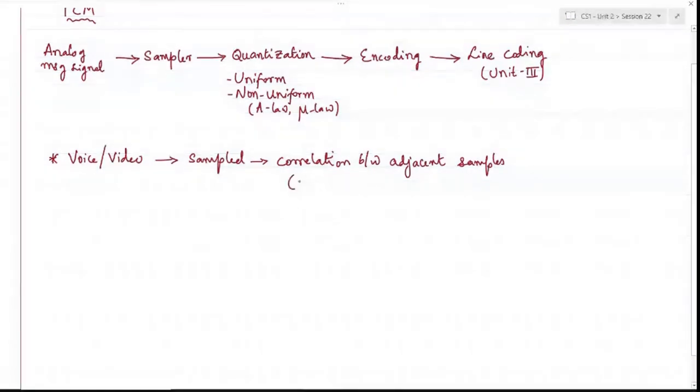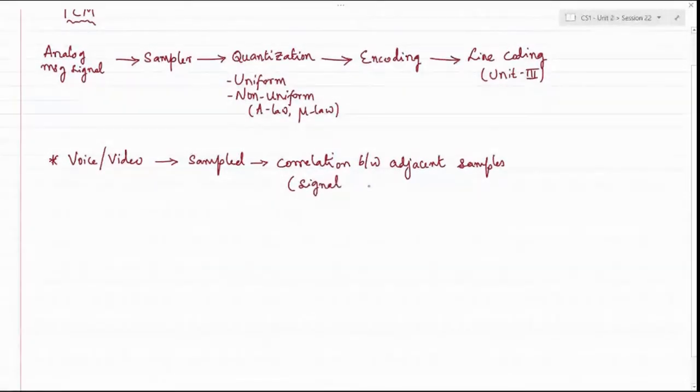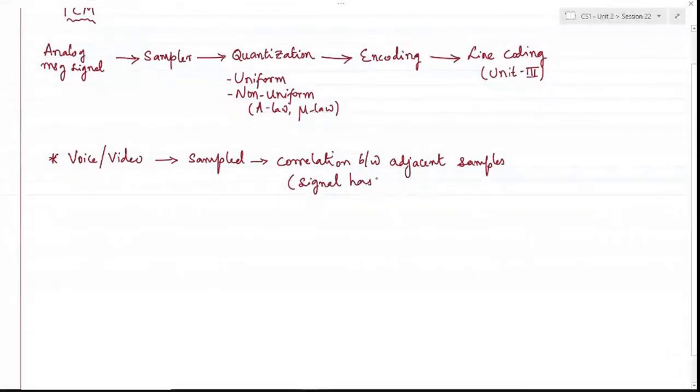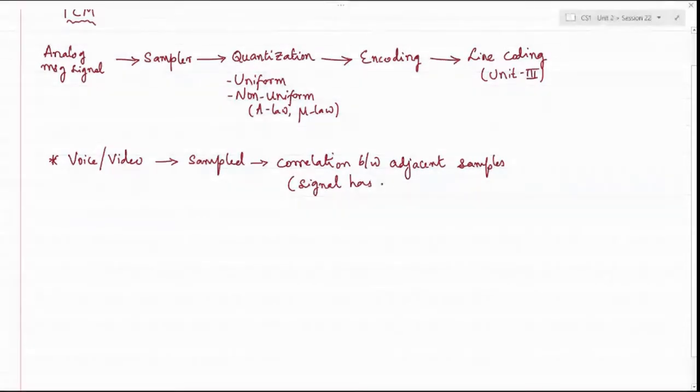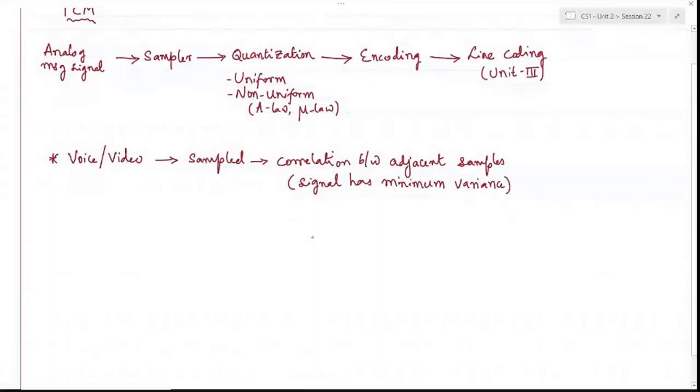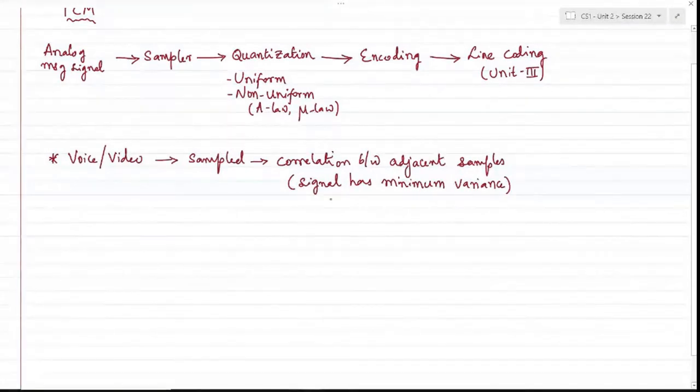In other words, the signal has minimum variance. The variations of the signal across adjacent samples, the variance, is very small.